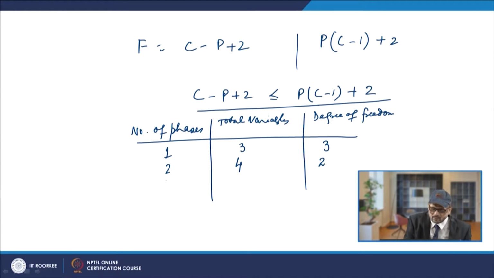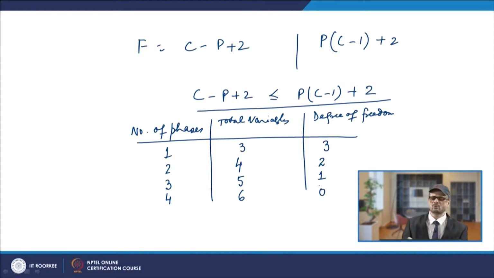For 3 phases you will have the total variables as 5 and the degree of freedom becomes 1, and similarly for 4 phases the total number of variables is 6 and the degree of freedom becomes 0.